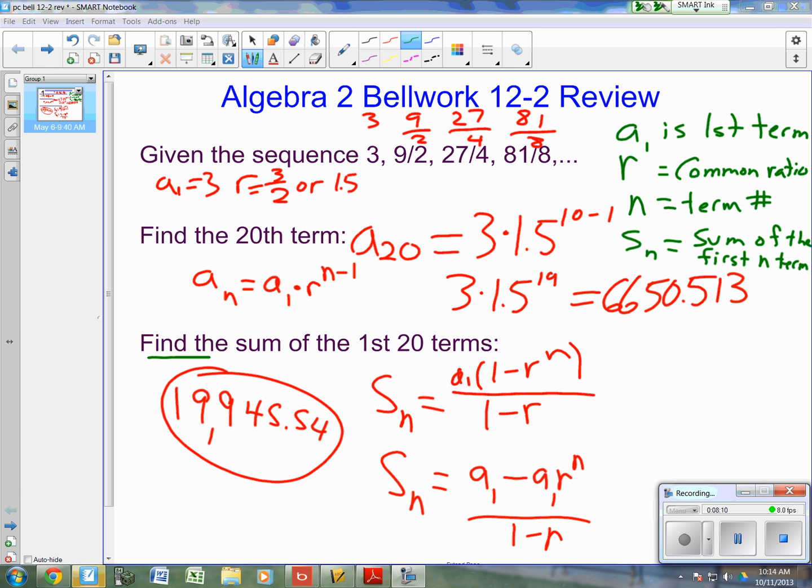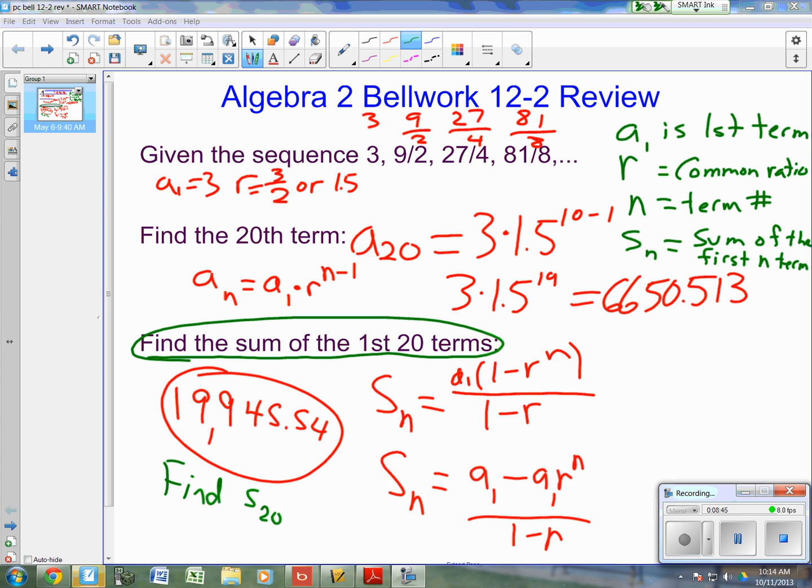I wrote it in English right here, find the sum of the first 20 terms, but I could have just written find S sub 20, and that would have meant find the sum of the first 20 terms. Okay?